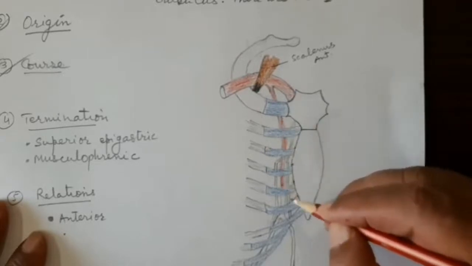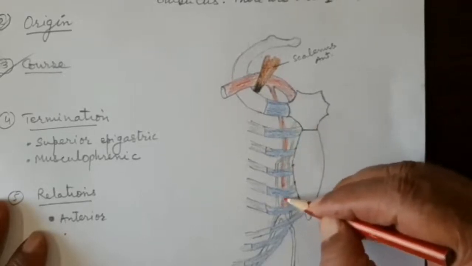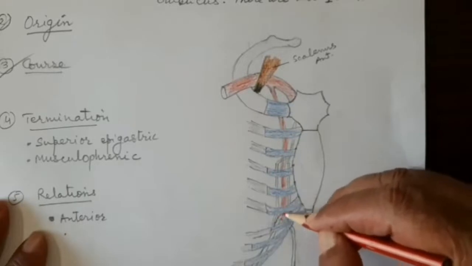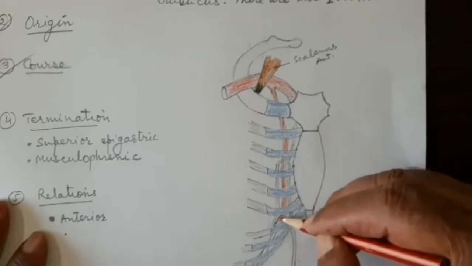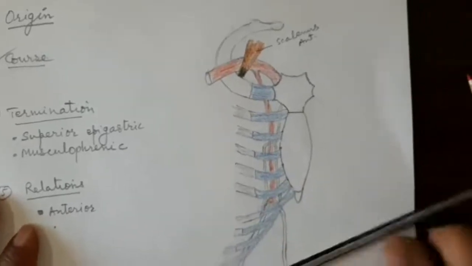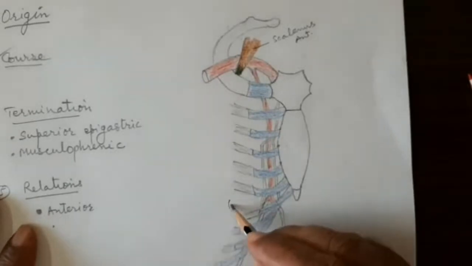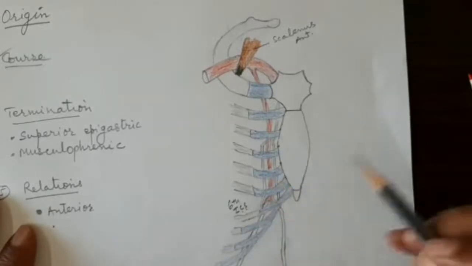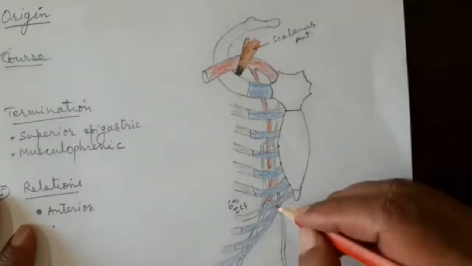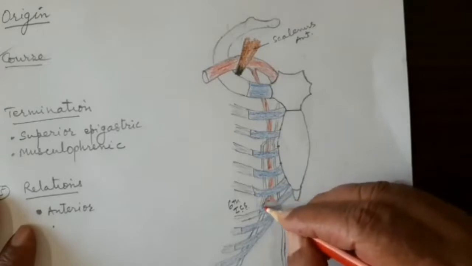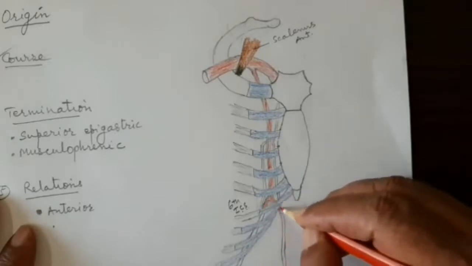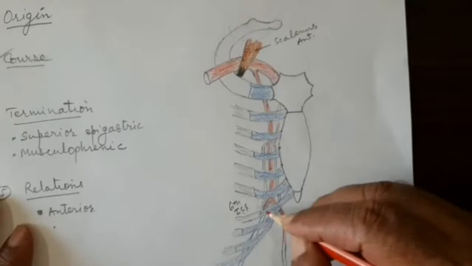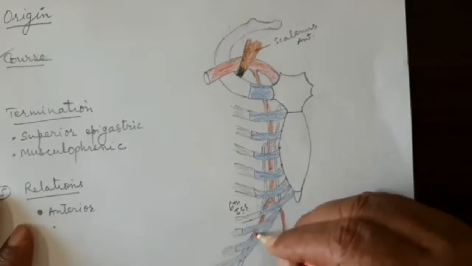It runs deep to the costal cartilages, vertically downward right up to the sixth intercostal space, and at the sixth intercostal space it divides into two terminal branches.